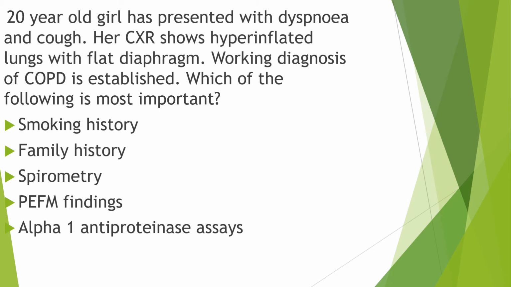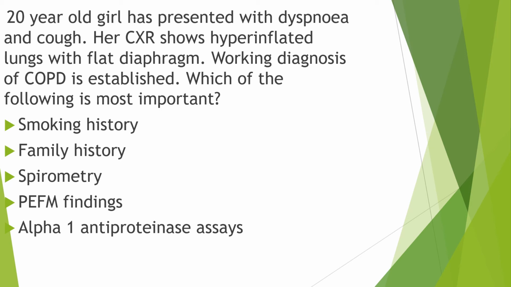Next MCQ is that a 20-year-old girl has presented with dyspnea and cough. Her chest X-ray shows hyperinflated lungs with flat diaphragm. Working diagnosis of COPD is established. Which one of the following is most important? Here you should take note that the age group is just 20 years, which is not the common age group for COPD.